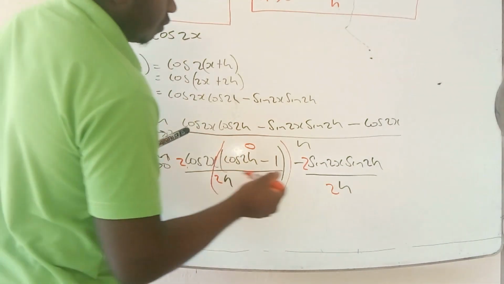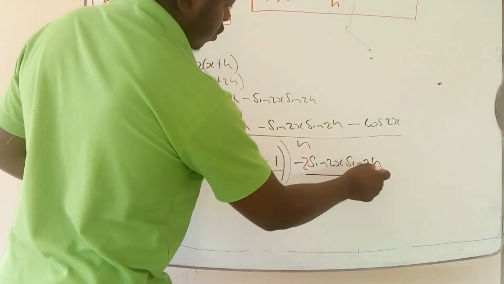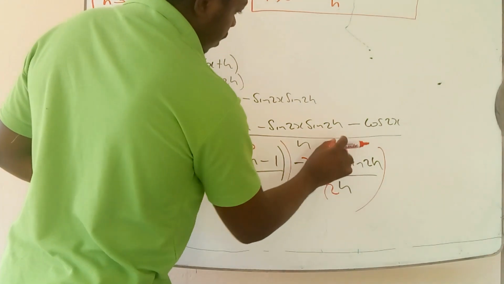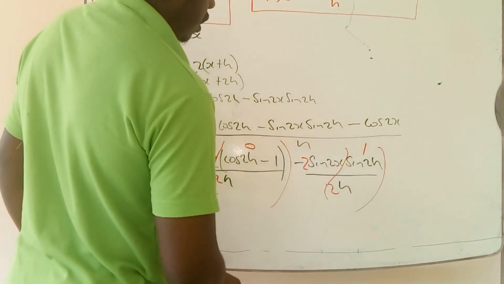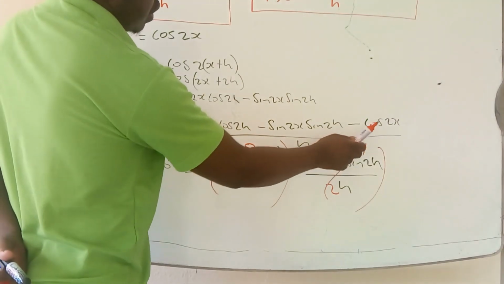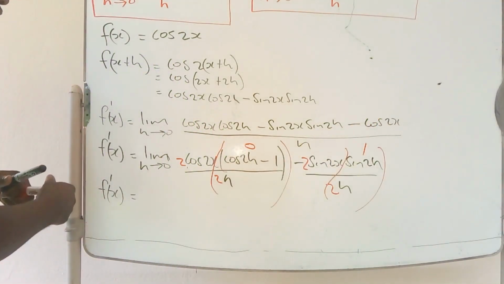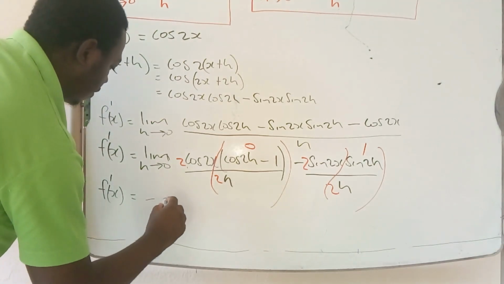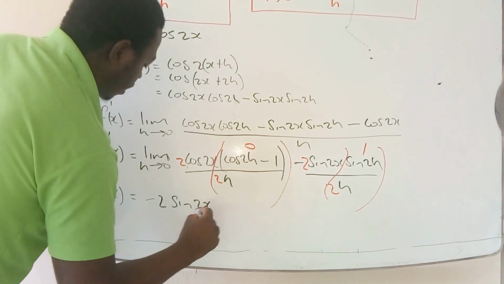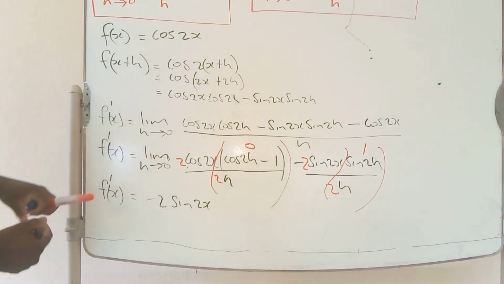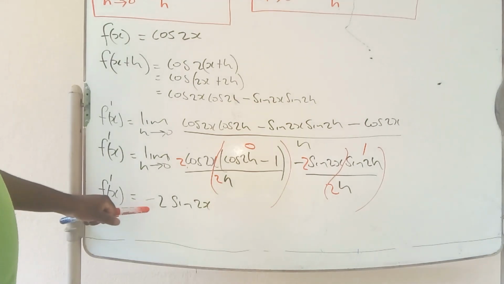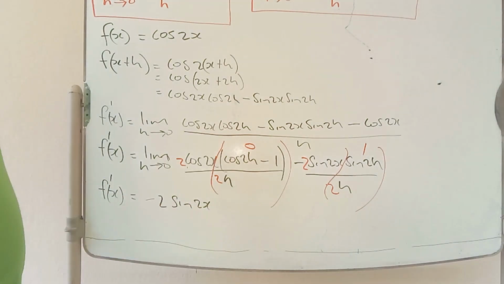So if we look at this term, sine 2h over 2h, which is this part here, all of this is just 1. So in other words, we have minus 2 sine 2x times 1, which gives us a final answer of negative 2 sine 2x. So the derivative of cos 2x is equal to minus 2 sine 2x. Alright?